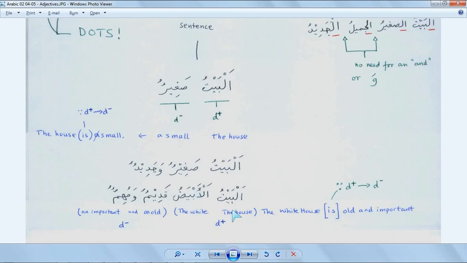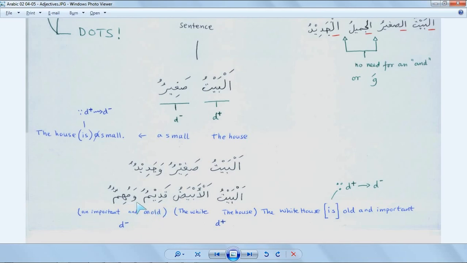Al-abyad is an adjective of al-bayt, and because we haven't crossed a border, we didn't go from definite to indefinite, we've gone definite, definite, we know this is a phrase. The house, the white house. And then we move on to qadimun wa muhimmun. Qadim, old, and muhim, important. So here these two words together form a phrase, an old and important.